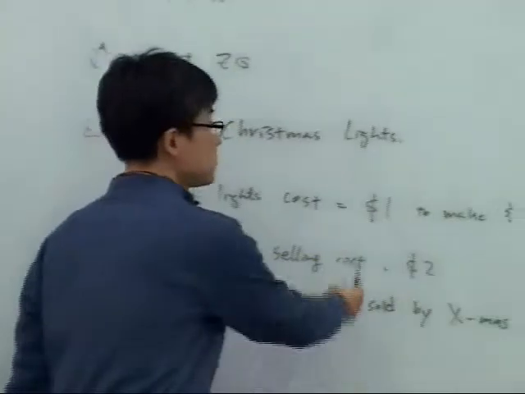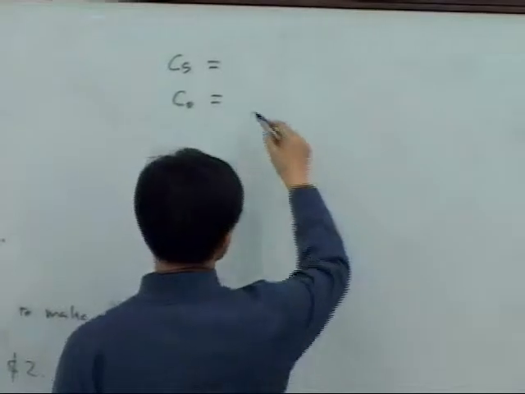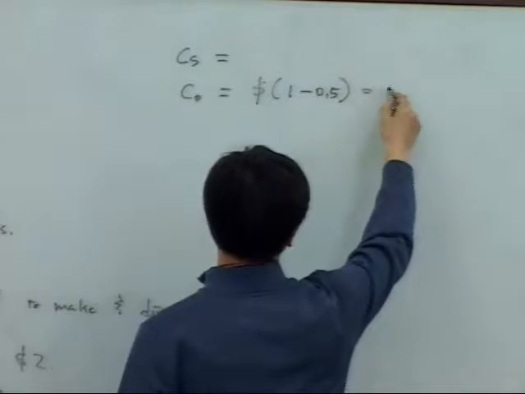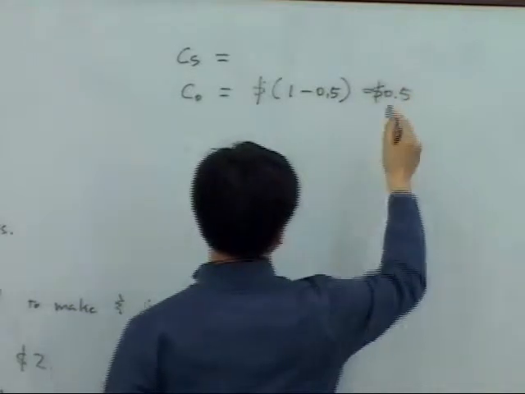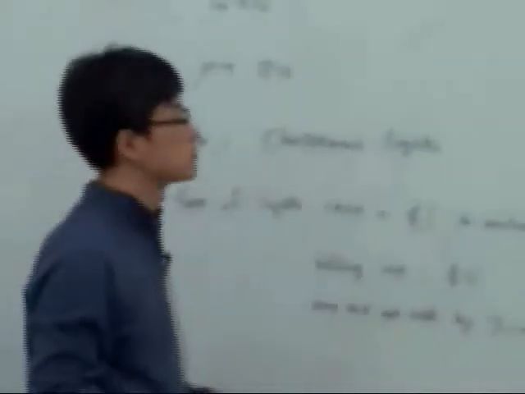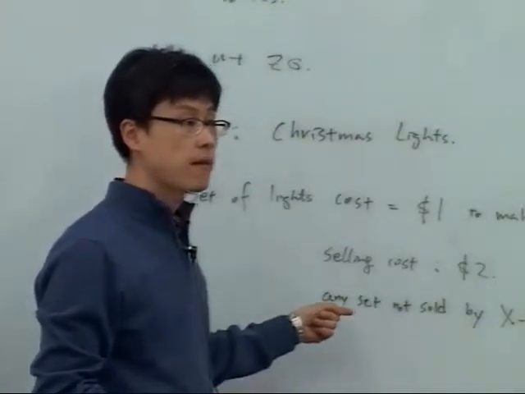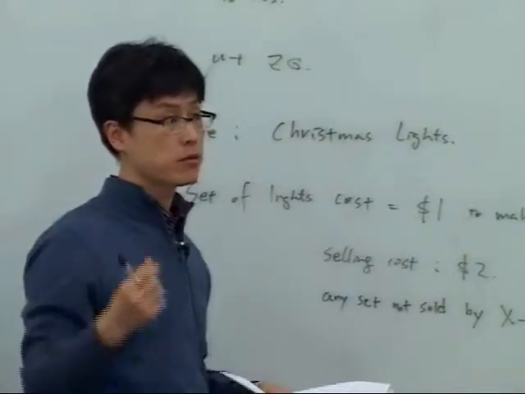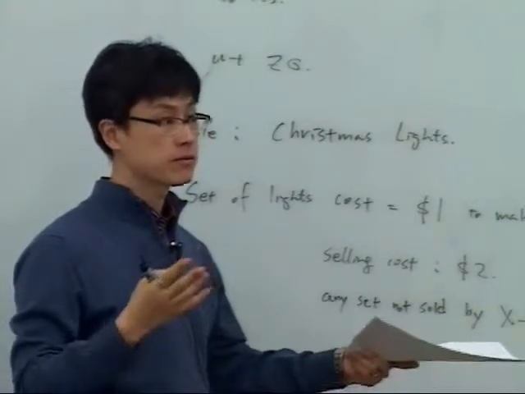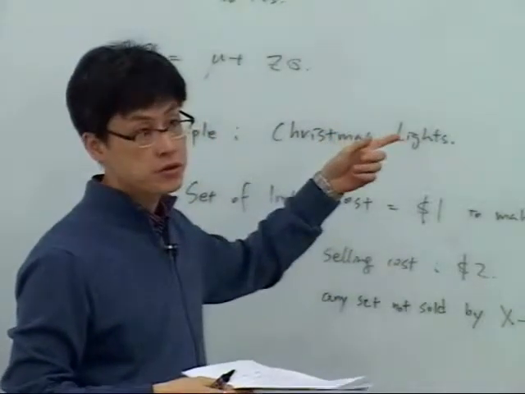However, based on this information, you can calculate that it is 1 minus 0.5. Does that make sense? You purchase it at $1, but you sell it at 50 cents. You lose 50 cents whenever you sell it. It's a cost of overage, right?